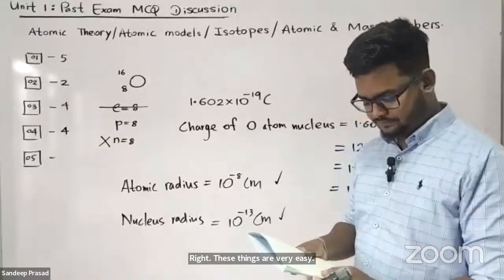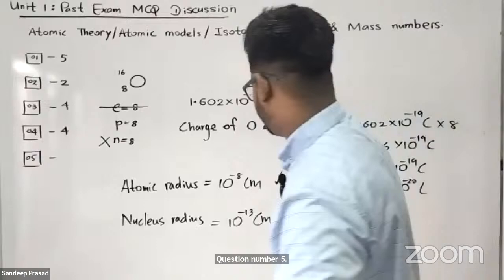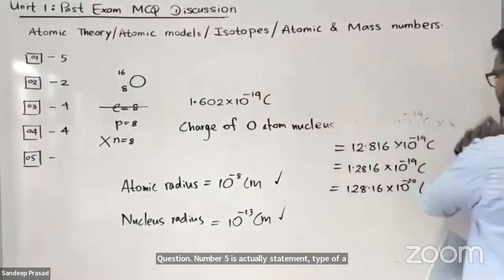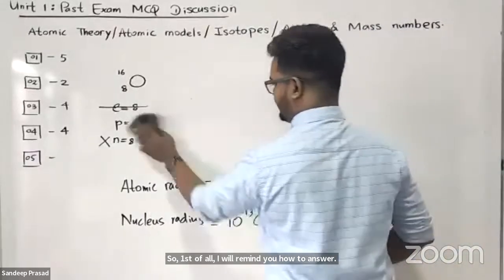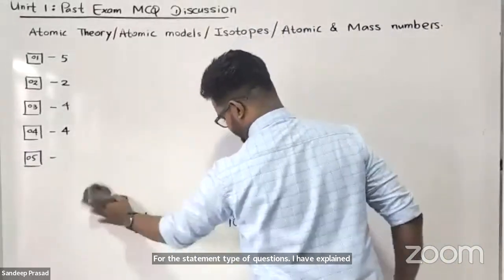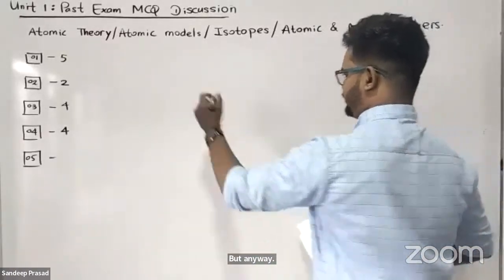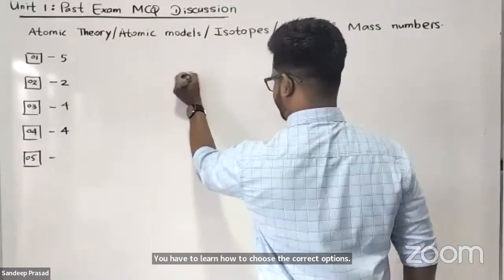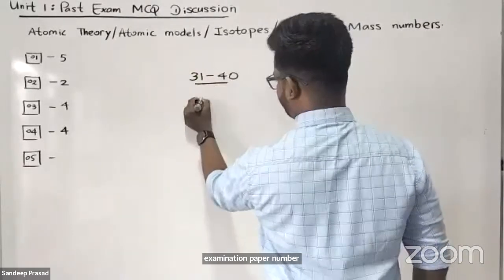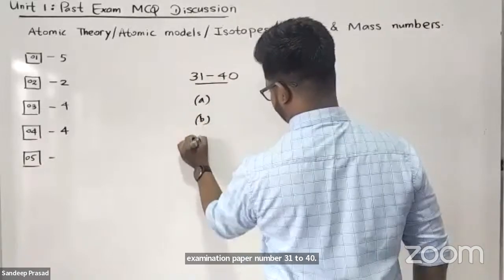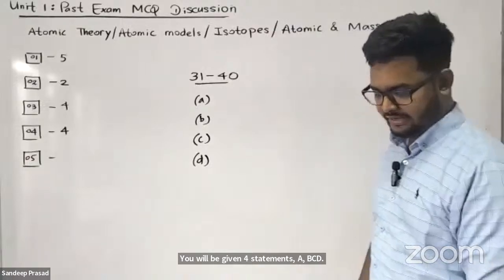Question number 5 is actually a statement type of question. So first of all, I will remind you how to answer statement type questions. I have explained this to you, but anyway, you have to learn how to choose the correct options when you are given 4 statements. Normally in the A-level examination paper, questions 31 to 40, you will be given 4 statements A, B, C, D. Then you have to check whether these statements are correct or incorrect.